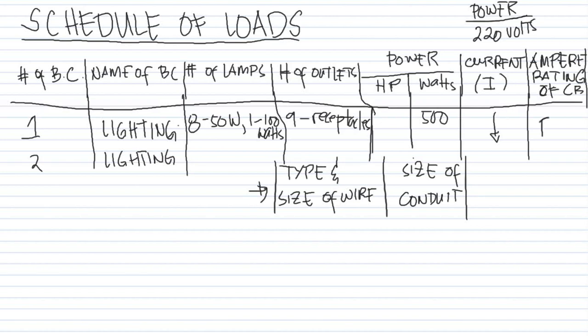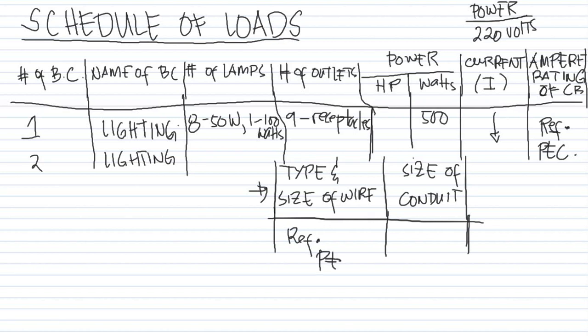It is available for reference in the Philippine Electrical Code. And for the type and size of wire, also look for the information in the Philippine Electrical Code. And for the size of conduit, look also for the table in the Philippine Electrical Code.